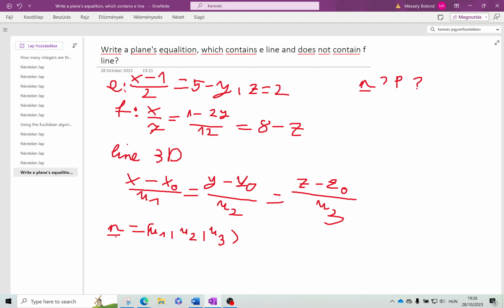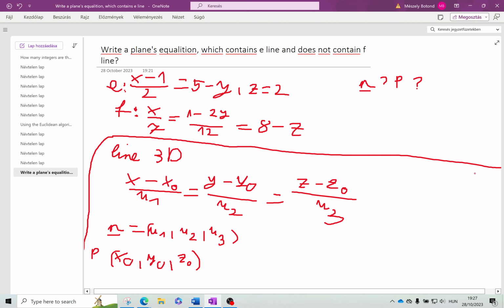So this is the normal vector, and you divide by them, and the x0, y0, z0 is basically a point on the line, so it's a point. So this is the basic equation.